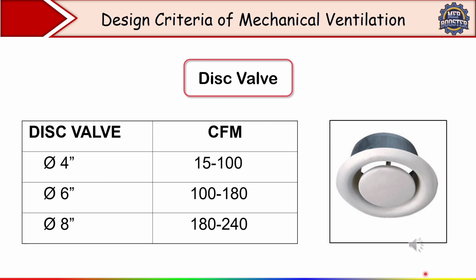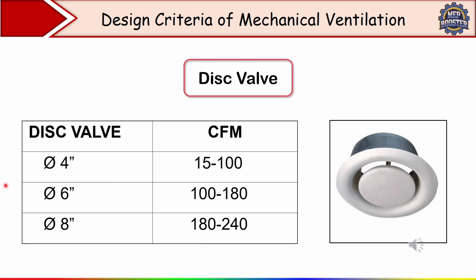Suppose I have selected an 8-inch dia disc valve. At that time we know that with the help of this 8-inch disc valve, the maximum CFM we can extract from the toilet is 240. It means if I use 4 numbers of 8-inch dia disc valves, it is capable of extracting 1000 CFM of air.